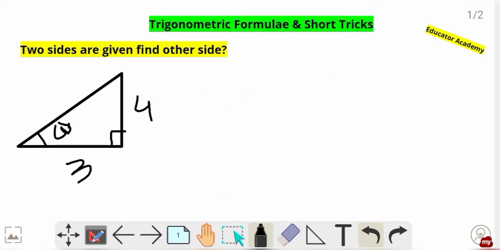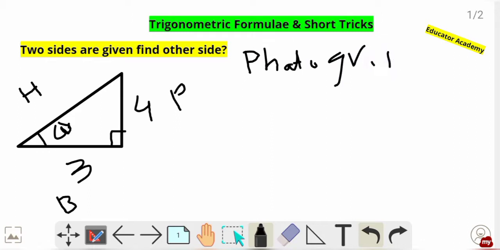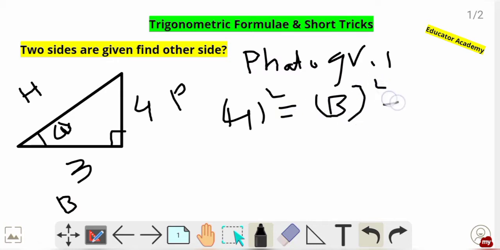Guys, in this question we are given two sides of the triangle. We have to find the third side of the triangle. As we know, the side opposite to the 90-degree angle is the hypotenuse, while opposite to theta is the perpendicular, while the remaining side is the base. So as we know, the Pythagoras theorem says hypotenuse square is equal to base square plus perpendicular square.